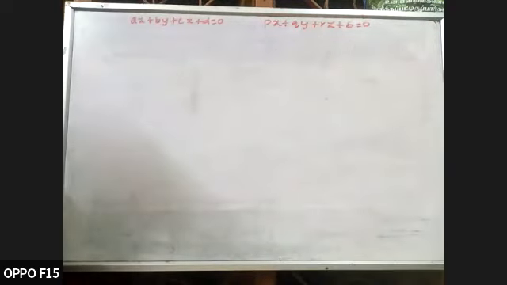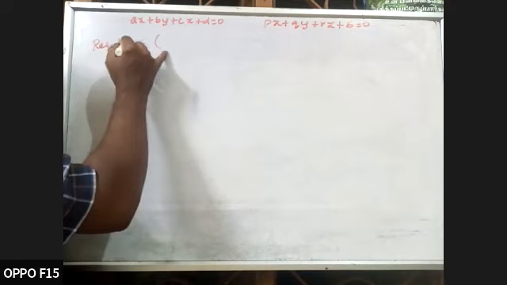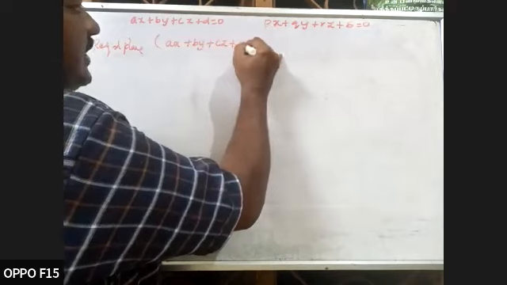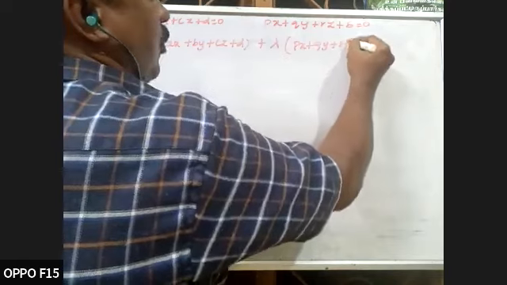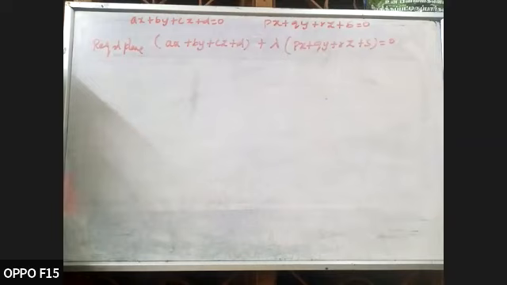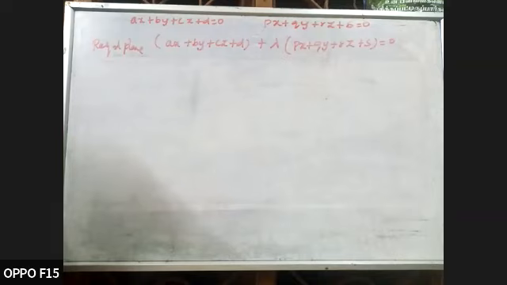If it is given like this, the required plane can be written as ax plus by plus cz plus d plus scalar lambda into px plus qy plus rz plus s equals 0. So this is the condition for the line of intersection of planes. If two planes are given, take the first plane plus a scalar into the second plane equal to 0.